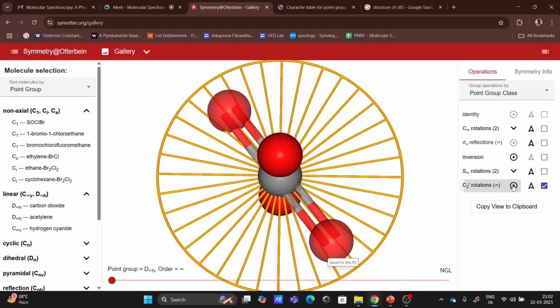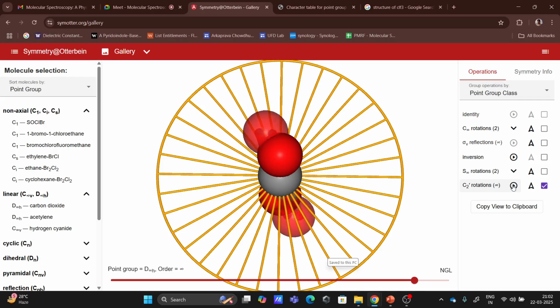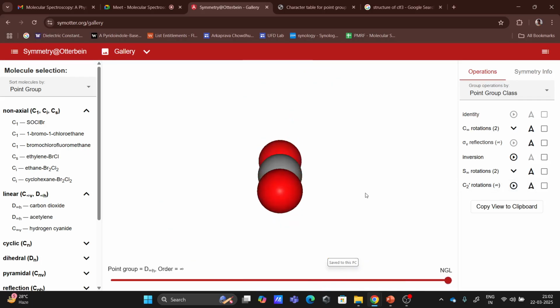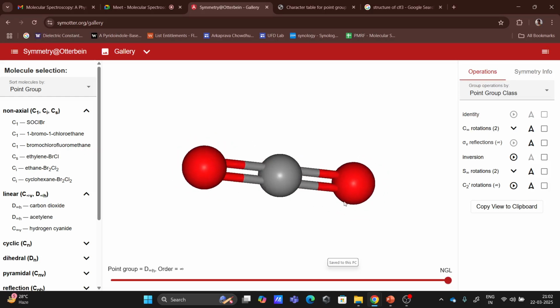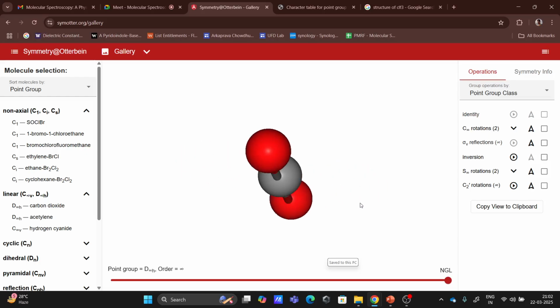See, this infinite number of C2 dash rotation axes. And there is sigma h, but you can't see sigma h because it is along this.